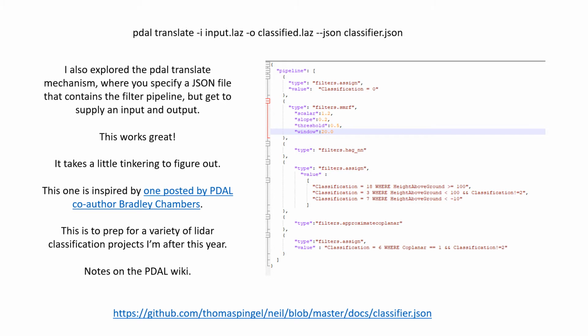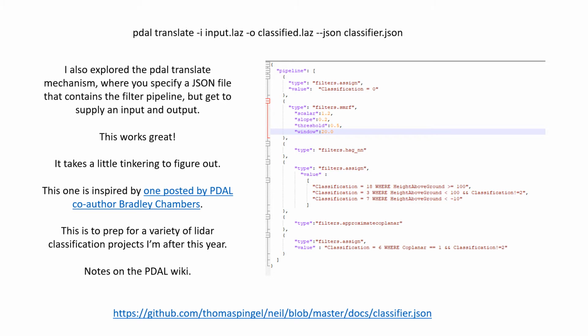I'm assigning a 3 anytime the height above ground is less than 100, so that's 3 is a building, and the classification is not 2. And then I'm assigning a 7, which is low noise, anywhere where the height above ground is less than -10. So these are sort of conservative values. You can play around with those for sure.